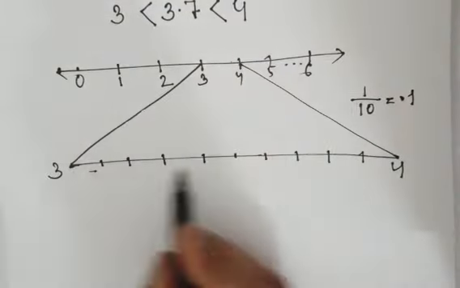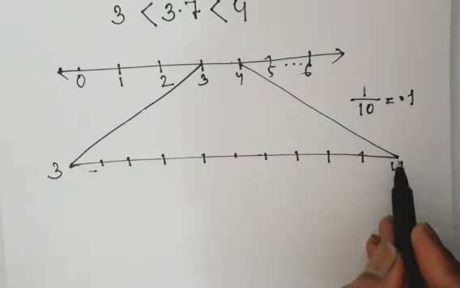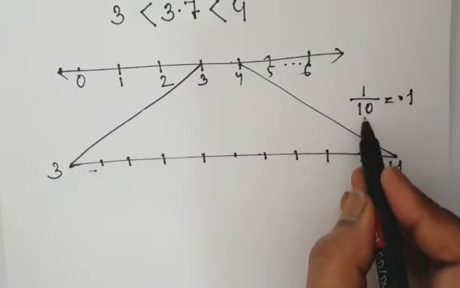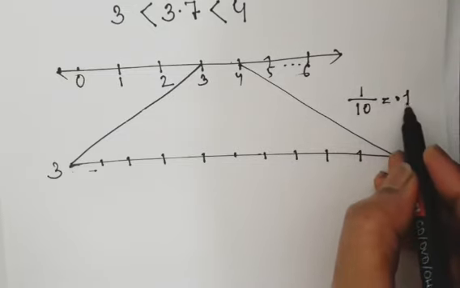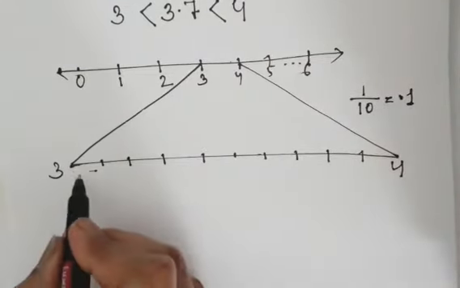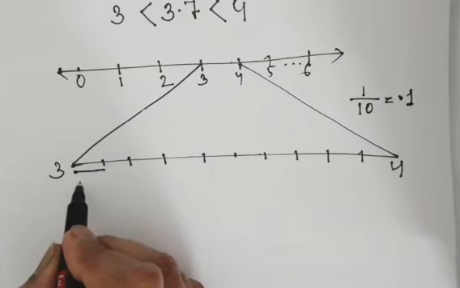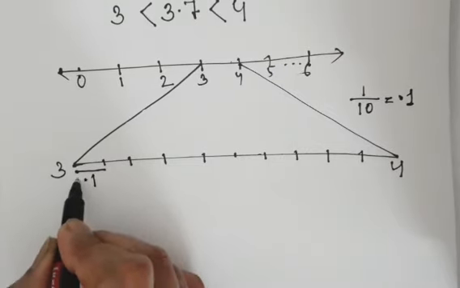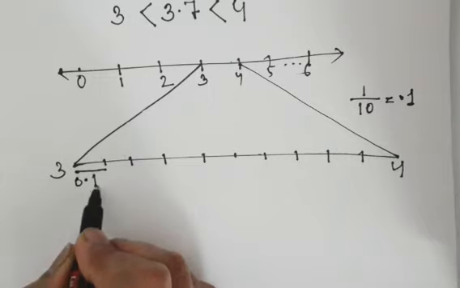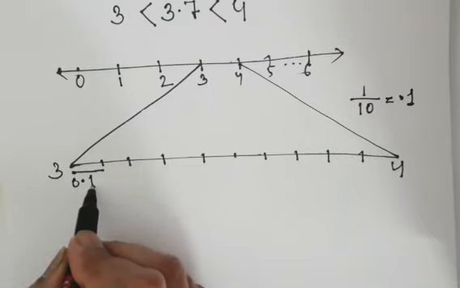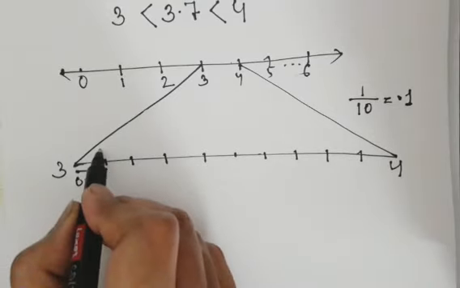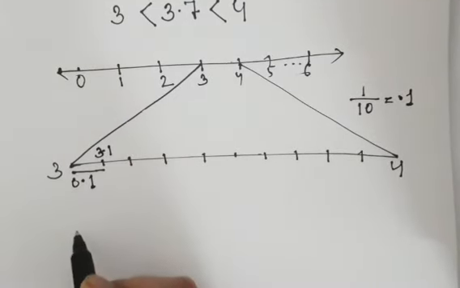Why? Because the total length is 1 unit length, divided into 10 equal parts, so each part is 0.1 unit length. So now if this point is 3, after adding 0.1, this point is 3.1.